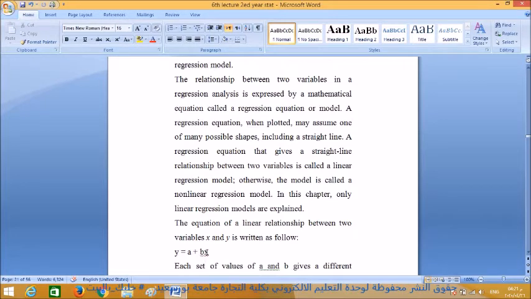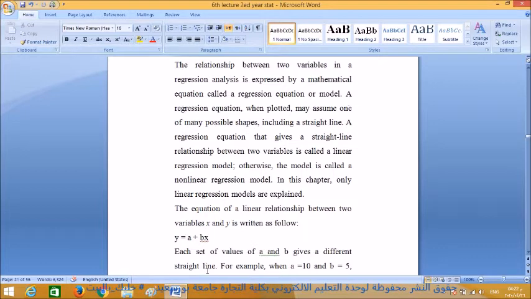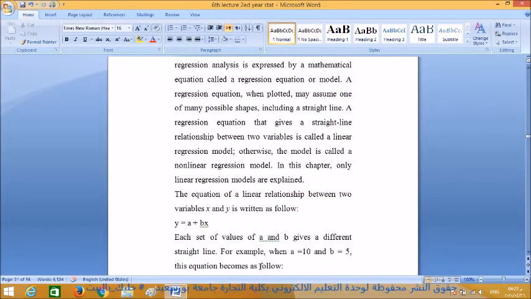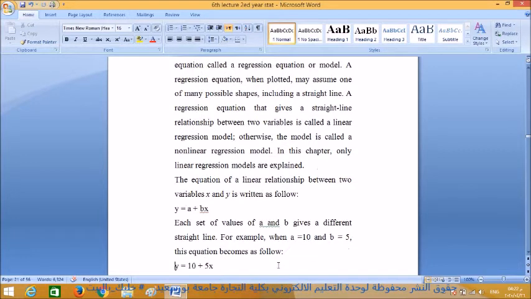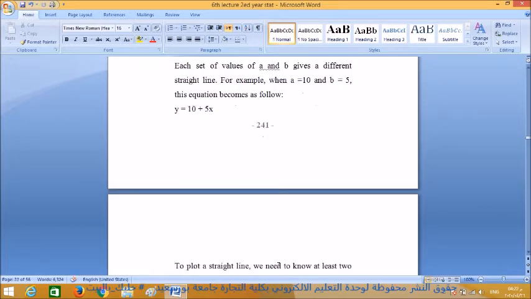Now x is the independent variable and y is the dependent variable. This is the linear equation model. Each set of values of a and b gives a different straight line. For example, when a equals 10 and b equals 5, this equation becomes y equals 10 plus 5x.